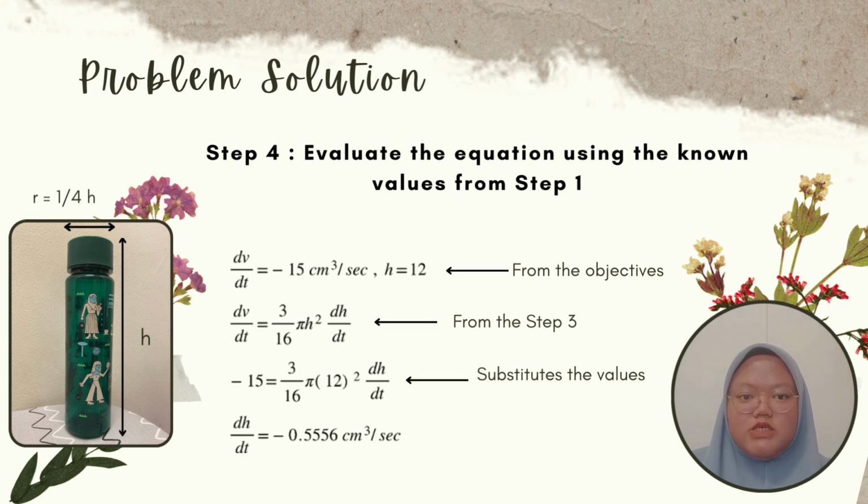Therefore, we must find the rate of change of the height. Then, we just need to substitute the derivative of V with respect to t is negative 15 and the height is 12 cm. Next, solve it by using a calculator. And the final answer is the derivative of h with respect to t is negative 0.5556 centimeters per second.